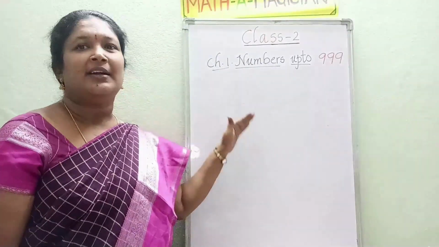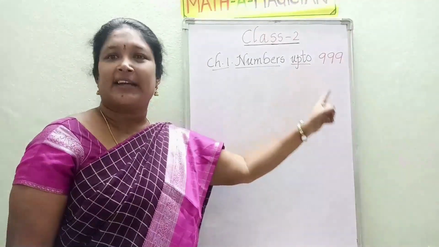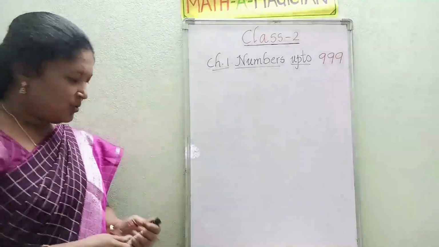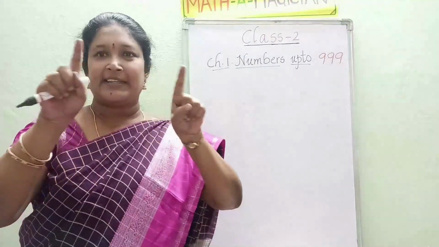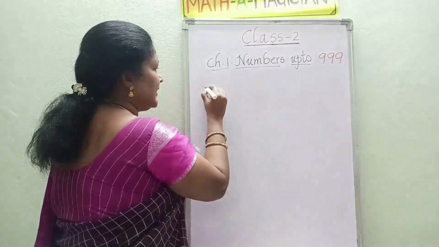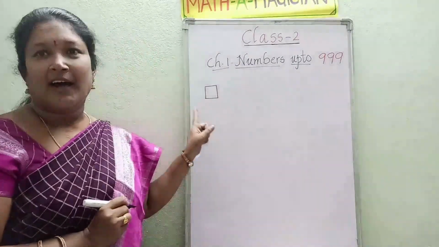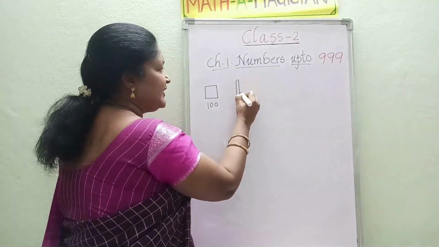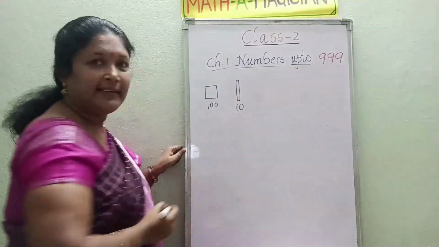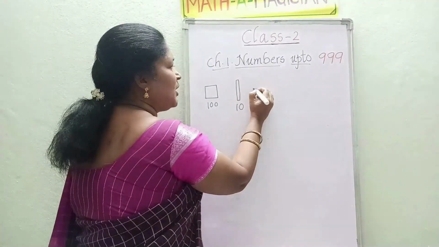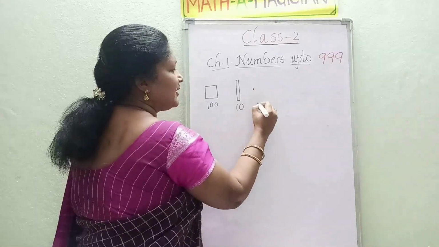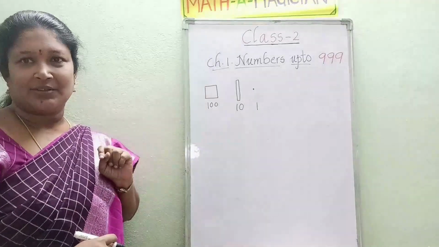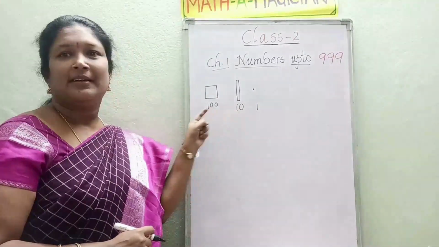Just now I told you, 999 is the greatest 3 digit number. Once see here, 100 means it's a block. See, this is 100, and this is a strip, that is 10, and a small box or small dot, that is 1. Ones, tens, hundreds.